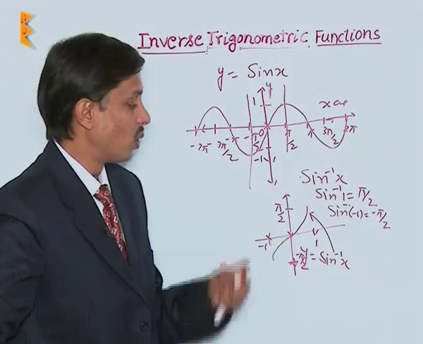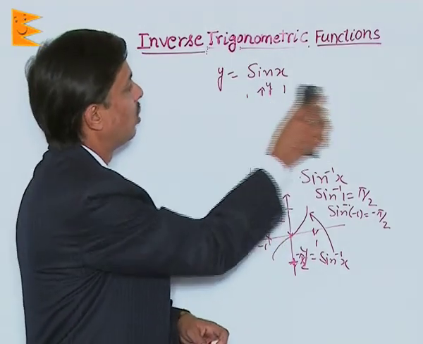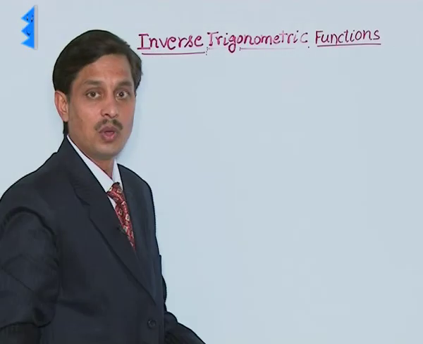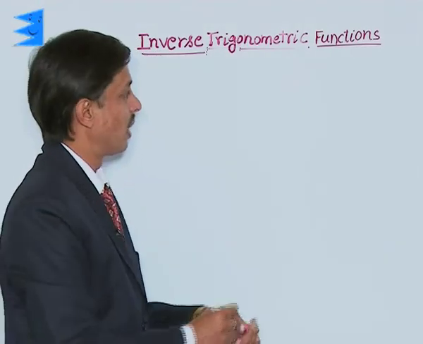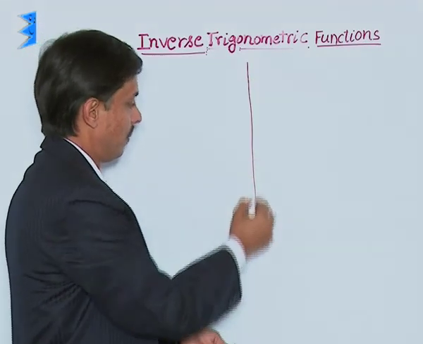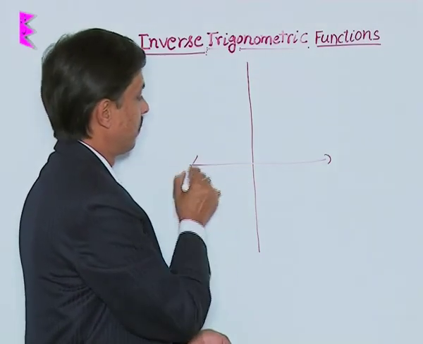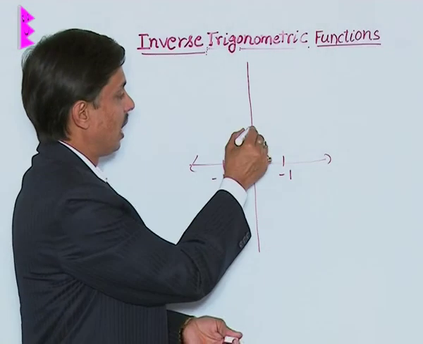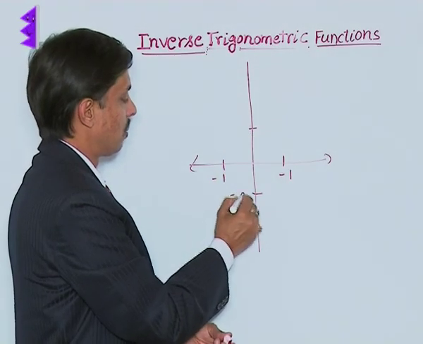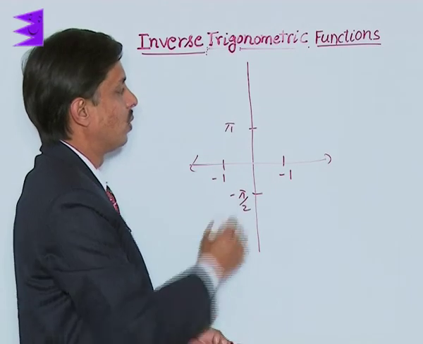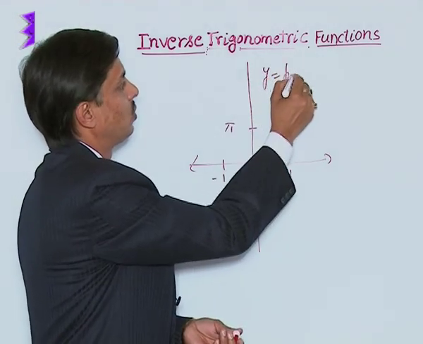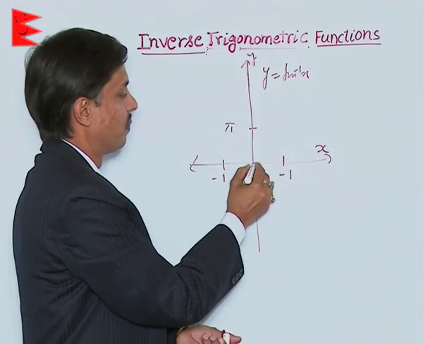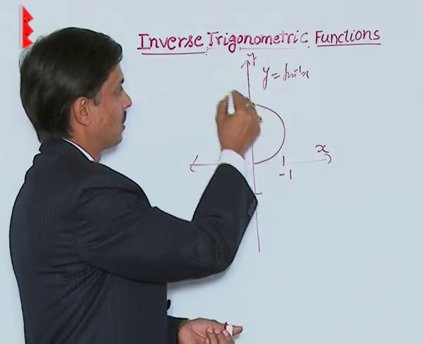If you want to draw the graph of sin inverse x in whole, not only in its principal branch, if you want to plot the graph of y equals sin inverse x, then it will be like this. As you know, the domain is minus 1 to 1 and the range is from minus pi by 2 to plus pi by 2. This is x, this is y, positive, negative, and the graph will go like this.